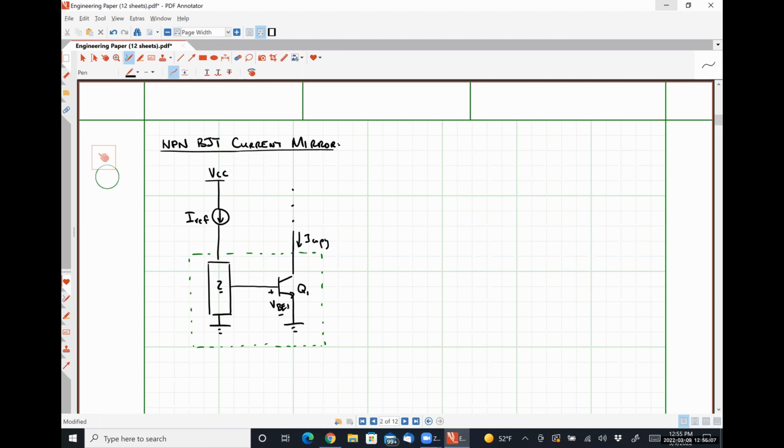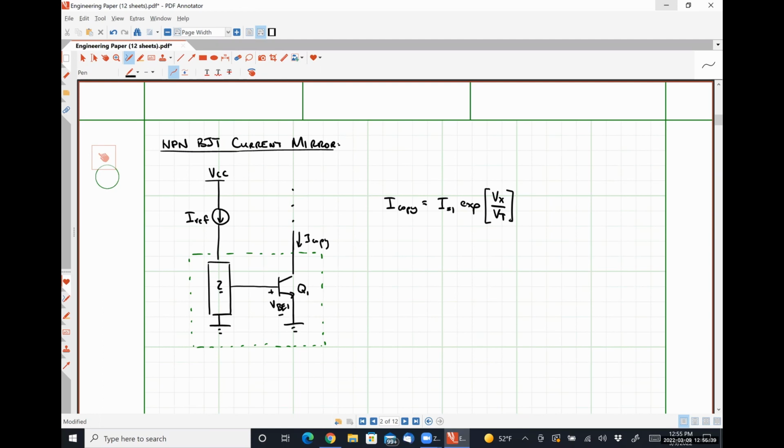Okay. So we could say that I copy is simply IS1, where IS1 is the saturation current of transistor Q1, multiplied by EXP, the exponential of Vx over Vt. We know that for sure.